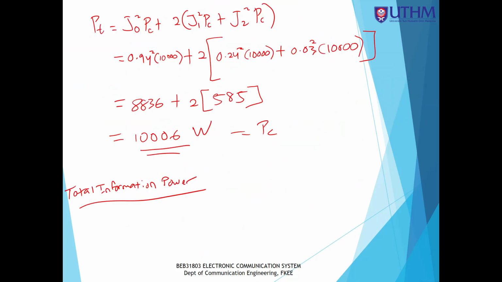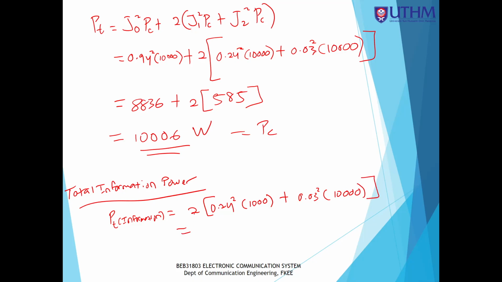If the question asks you to find the total information power, it is actually referring to the total sideband power, because only the sidebands carry the information. Remember that. So P total information is equal to 2 times 0.24 square times 10,000 plus 0.03 square times 10,000.